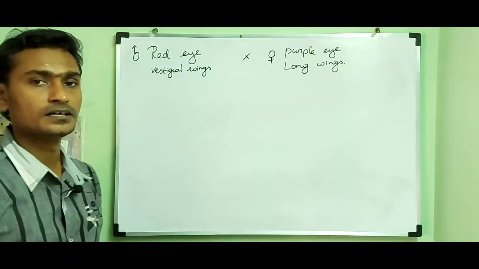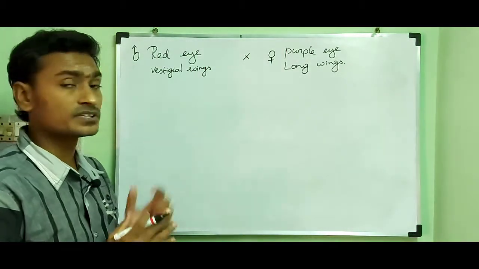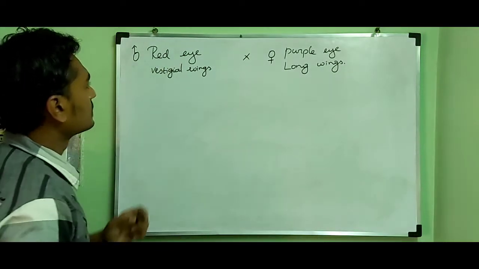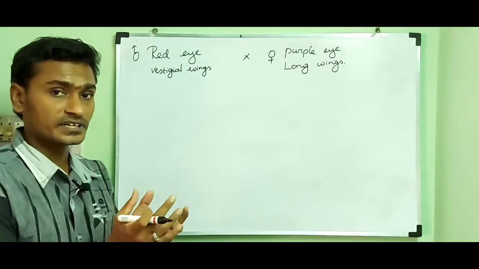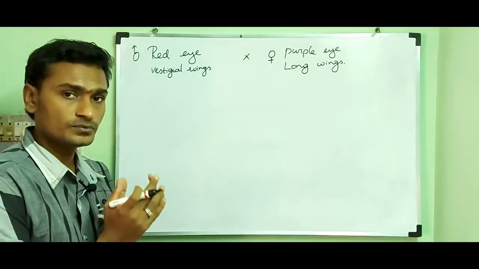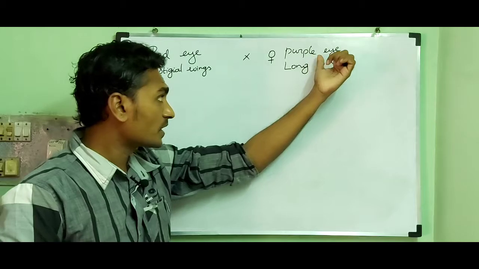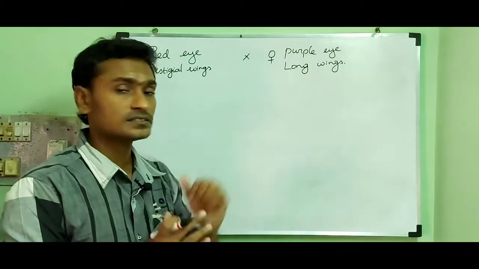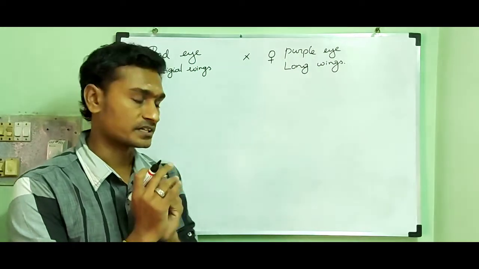Then let me write the genotype of the two individuals. Here the red eye is the dominant trait and the vestigial wing is the recessive trait. The purple eye is the recessive trait, and the long wing is the dominant trait.